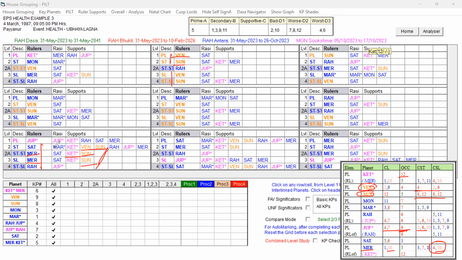If Venus was the ruler of one of the star level or sub level, then it indicates that Lagna has weak health prospects, and it is going to give strongly unfavorable health and can lead to serious health issues. Now, Lagna is influenced through the star level and sub level by Venus and Sun. Because of that, it will have some weakness, and the weakness is itself in the star and sub of that 6, 8, 12 grouping. So that weakness will be there, but the impact is going to be comparatively lesser.